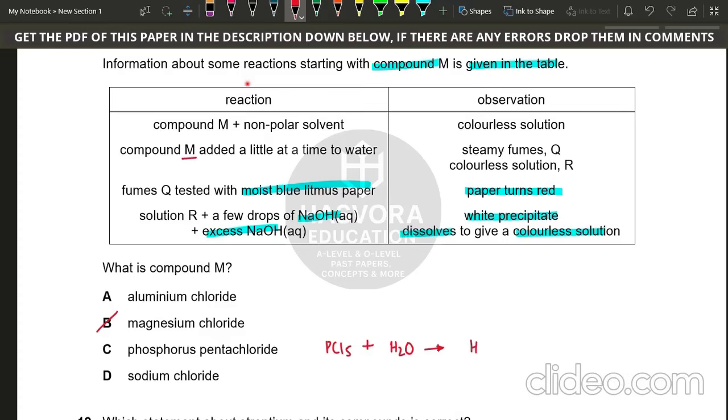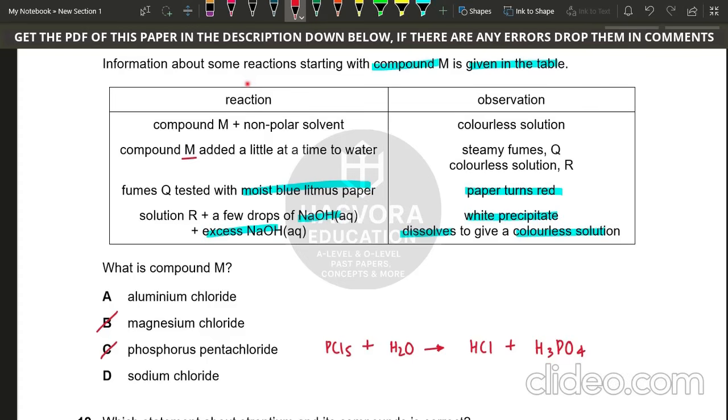So it produces HCl plus H3PO4. So it produces two colorless solutions. It does not produce your steamy fumes. So C can also not be an answer.